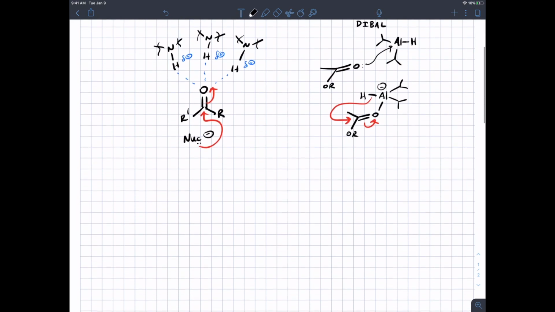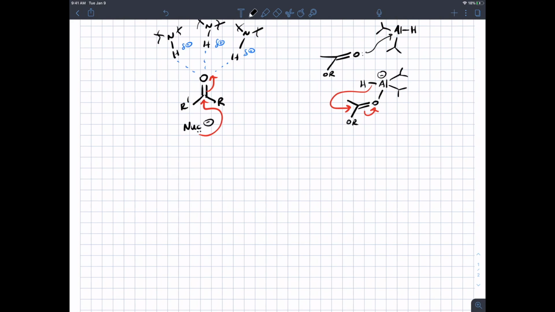There's some more elaborate examples. Metals are often included in reactions simply to be Lewis acids. So an example of this is a cobalt complex. So I don't really know much of anything about inorganic chemistry.